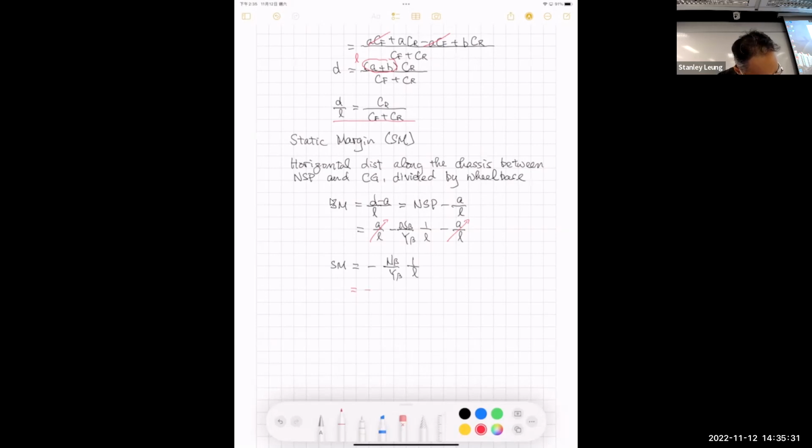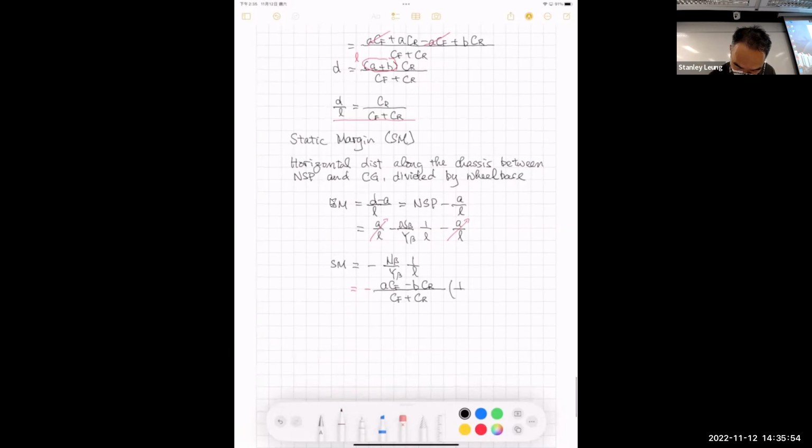So this is minus A CF minus B CR over CF plus CR, times 1 over L. With some rearrangement, putting the L under, I have minus A over L CF plus B over L CR, over CF plus CR.